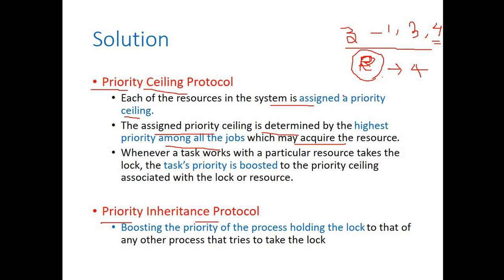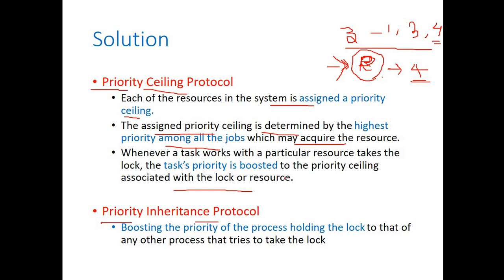So whenever a task works with a particular resource, it takes the priority of that particular resource, and the task priority is boosted to the priority ceiling associated to that particular resource. In that way, even when a low priority process acquires the lock on the resource R, the low priority process will be boosted to the priority ceiling.